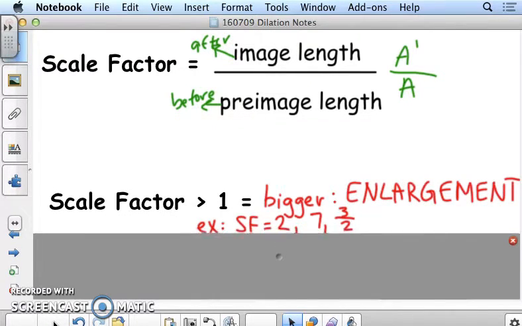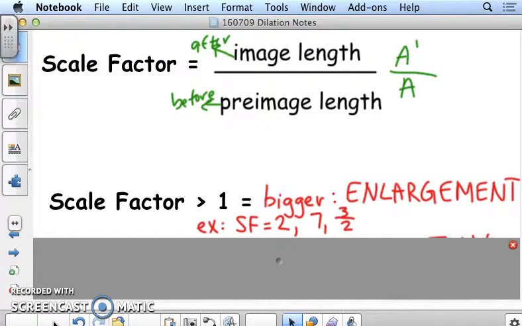That means if I'm looking at a scale factor that's greater than 1, for example, maybe something like 2, 7, or 3 halves. If I simplify 3 halves as a decimal, that's going to give me 1.5. 1.5 is still bigger than 1. This scale factor means my shape is getting bigger, okay? And I'm going to call this an enlargement. So any number greater than 1 is going to make my figure bigger.